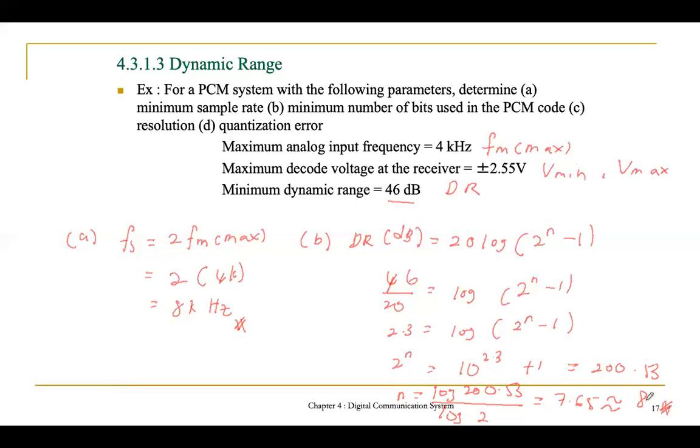So the answer is 8 bits. 8 bits is for magnitude. If you have a sign bit, positive and negative, then you need to add another 1 bit. But the minimum number of bits here for the magnitude is 8.